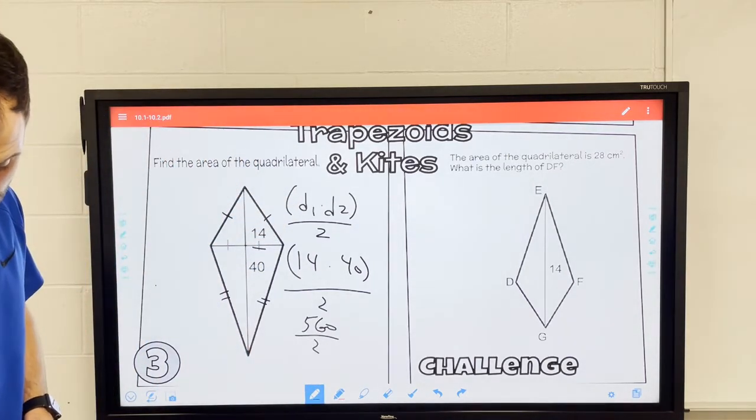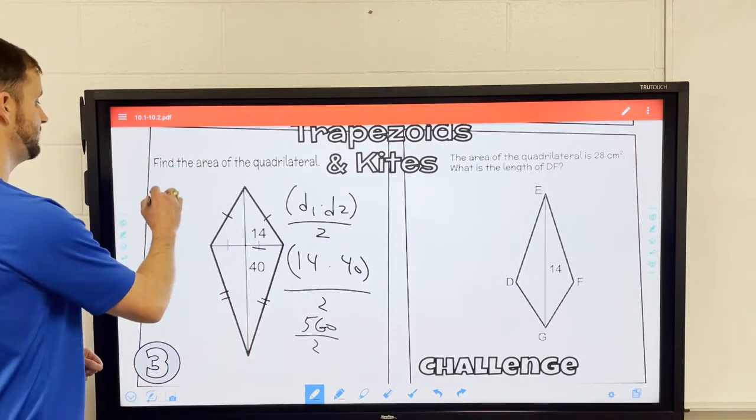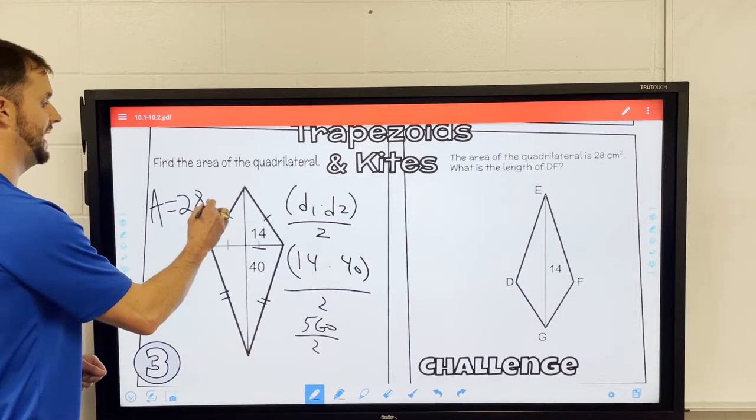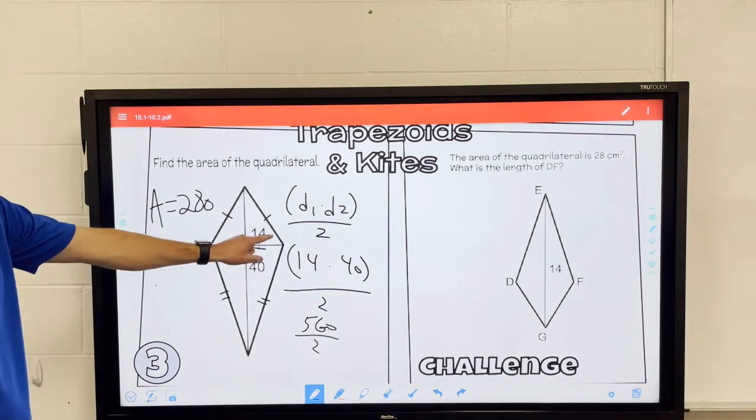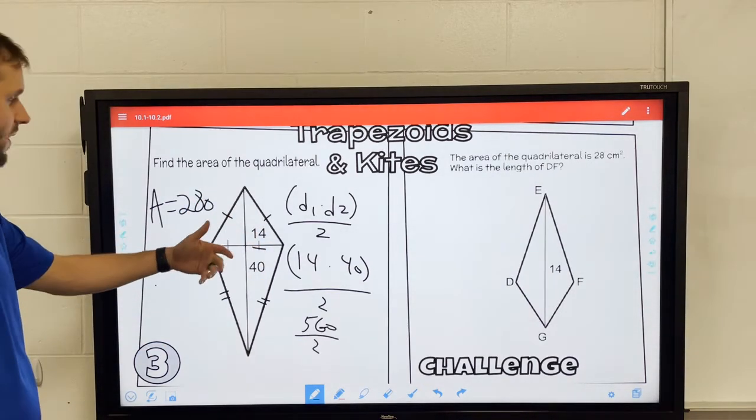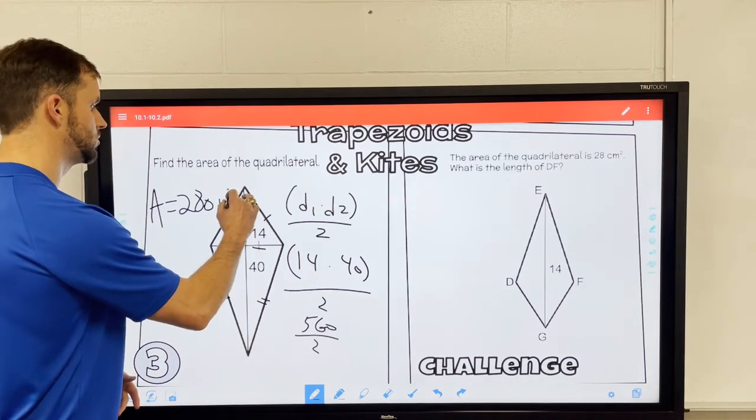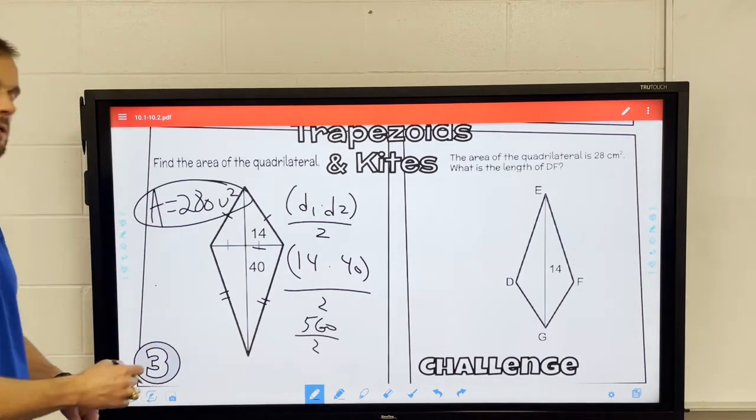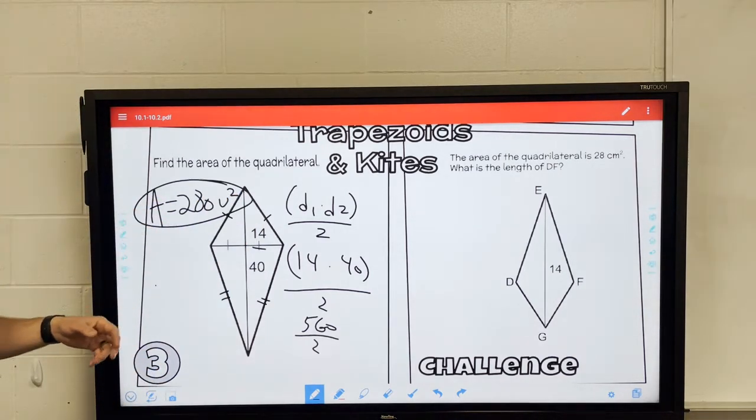When I divide 560 by 2, that gives me an area of 280. And remember, there are no units here, but if there was a unit, you would square it. So I'm just going to put units squared so I know I'm squaring those units. So that is the area of your kite here.